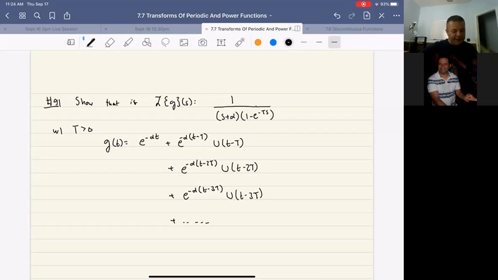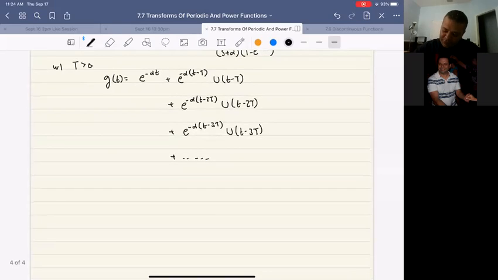Okay, and they give us a hint. Use the geometric series.